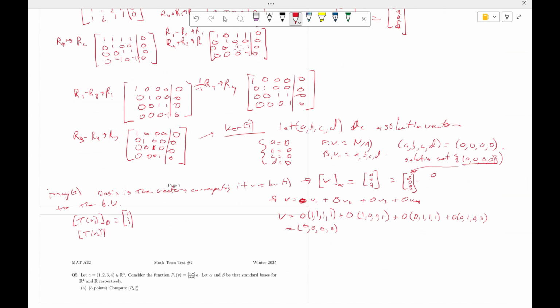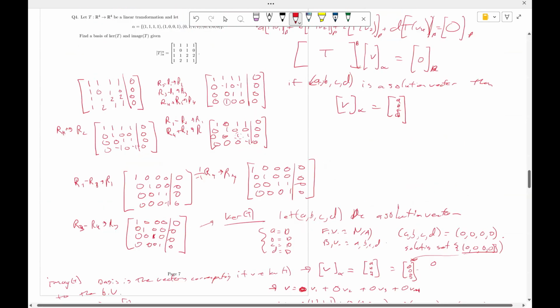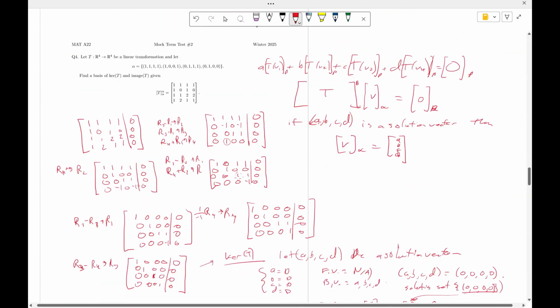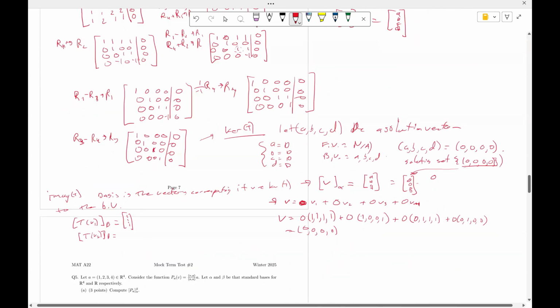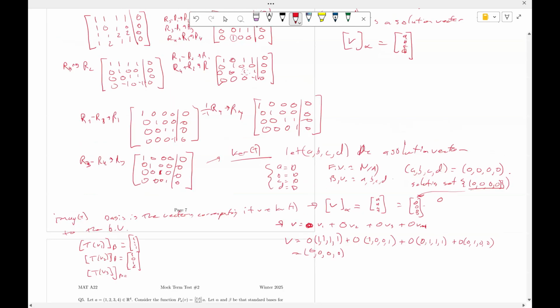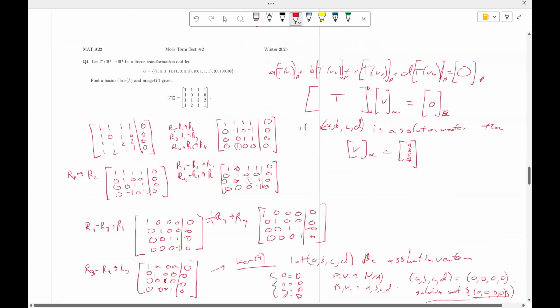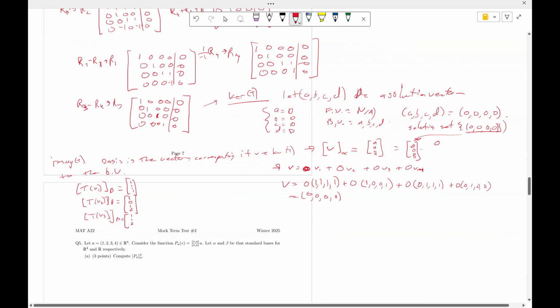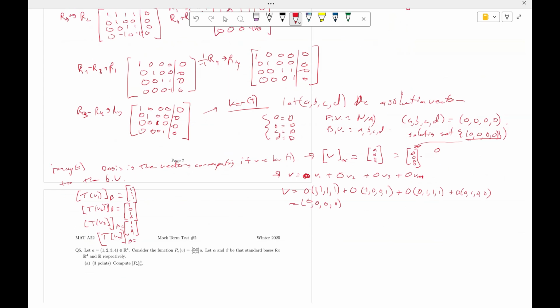TV2 of beta equals, from our matrix, 1, 0, 1, 2. T of V3 of beta equals 1, 1, 2, 1. And T of V4 of beta equals 1, 0, 2, 1.